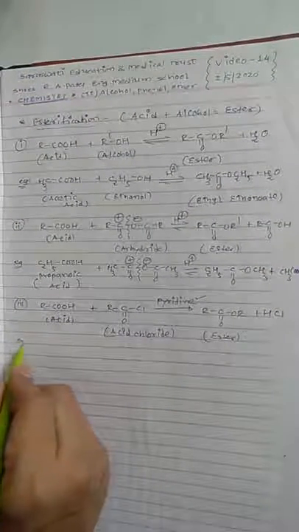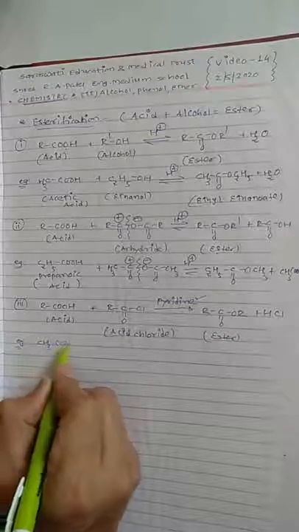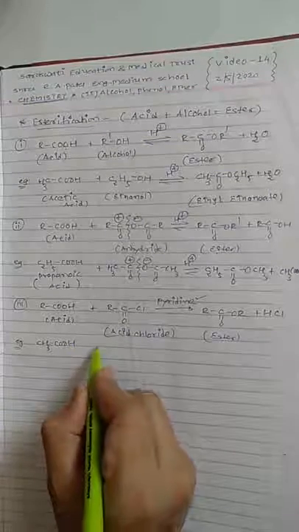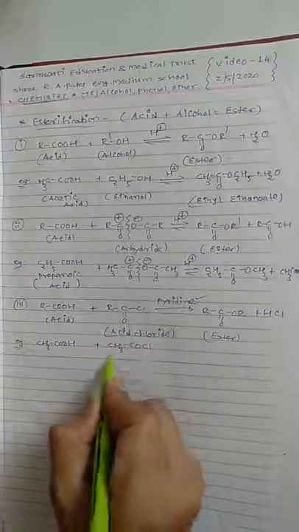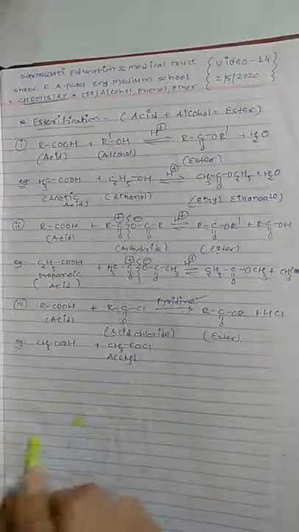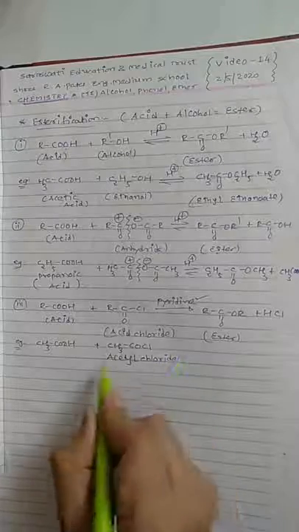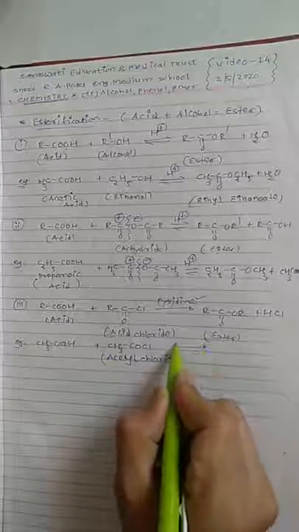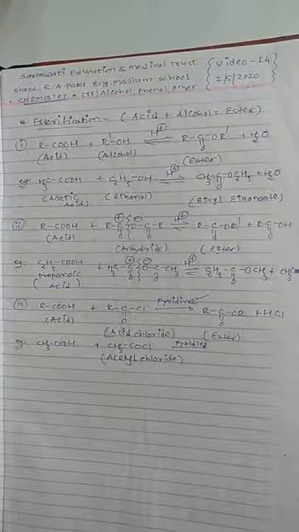As an example, instead of R, we will write methyl group with acetyl chloride. The name of this compound is acetyl chloride, in the presence of pyridine as a base.